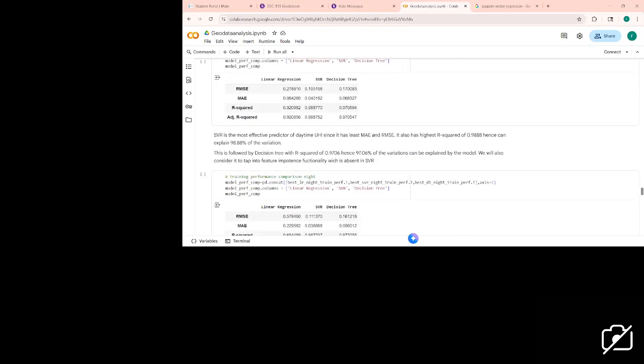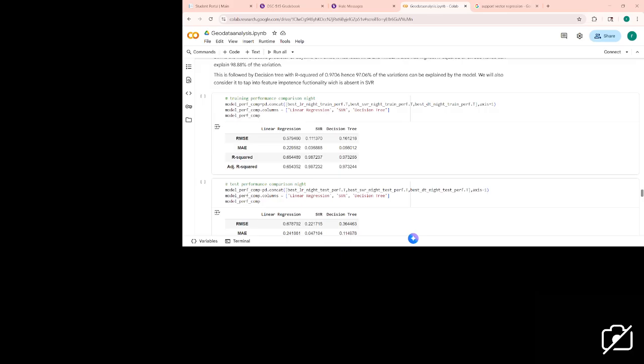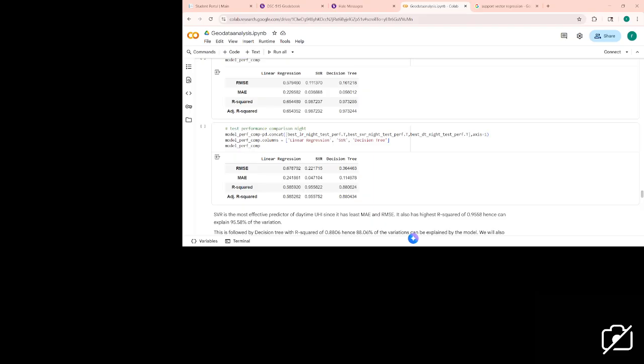And for the night, we also conducted the same, and out of the 3 models, the support vector regressor performed better with the highest R squared of 0.95, meaning it was able to explain 95% of the variations, while the decision tree classifier was able to explain 88%.